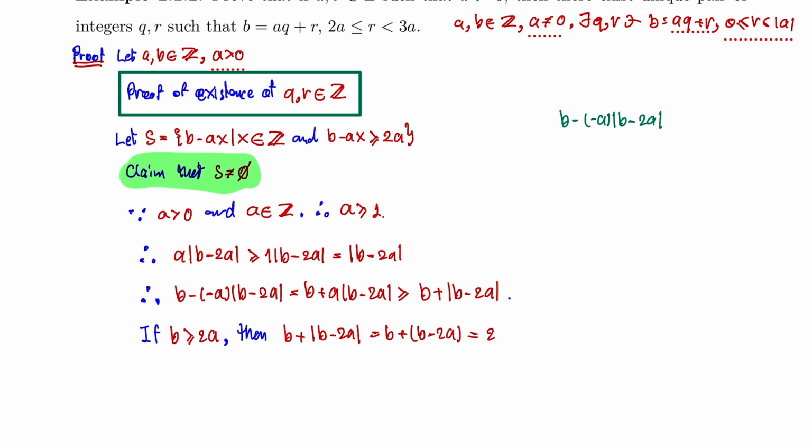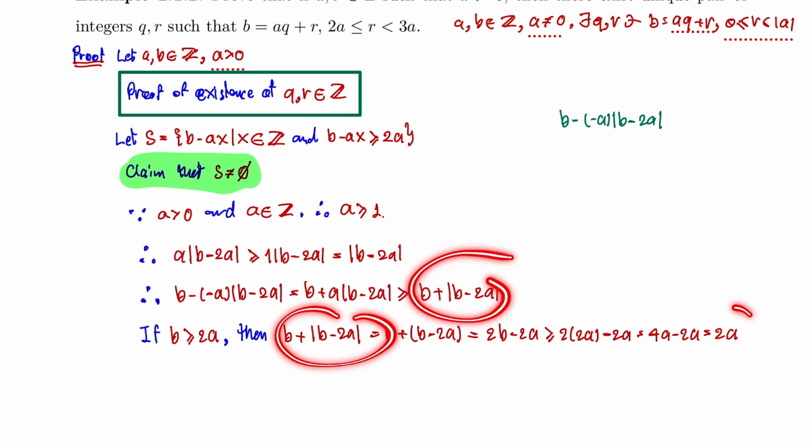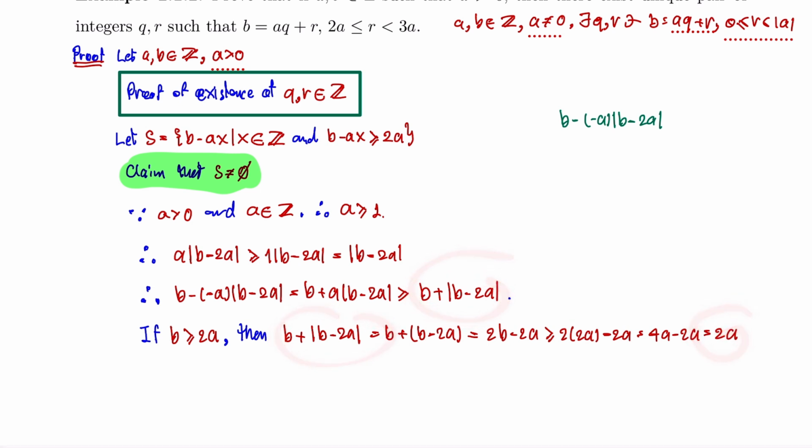It turns out to be 2b minus 2a. But b is greater than or equal to 2a, so this is greater than or equal to 2 times 2a minus 2a, which is 4a minus 2a, which is 2a. Great. So this term is greater than or equal to 2a when b is greater than or equal to 2a.